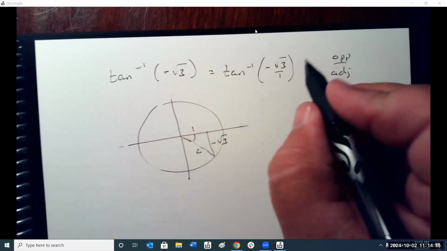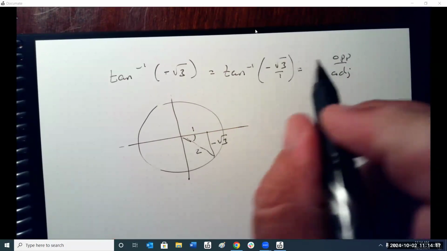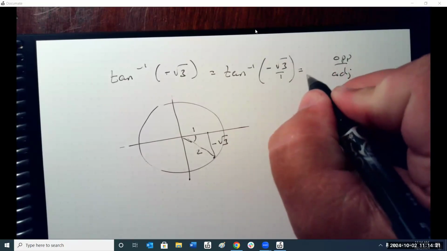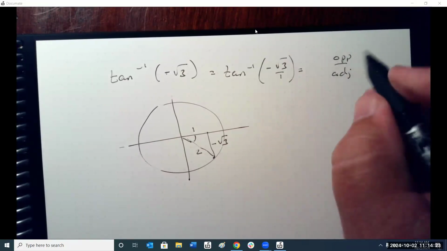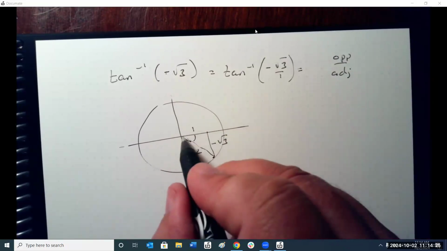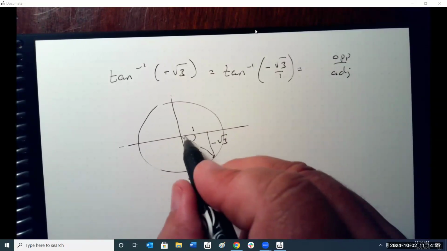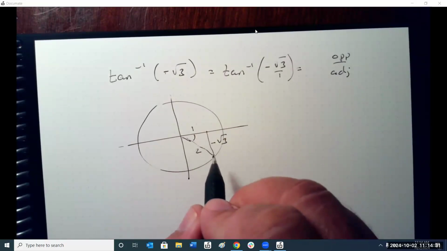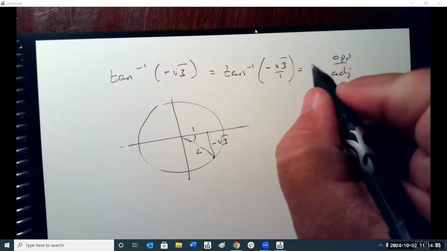Okay, so we're saying here that this value, since it's a negative, the tangent is sine over cosine, and in the fourth quadrant, cosine is positive, sine is negative. So that means the answer is going to be negative.